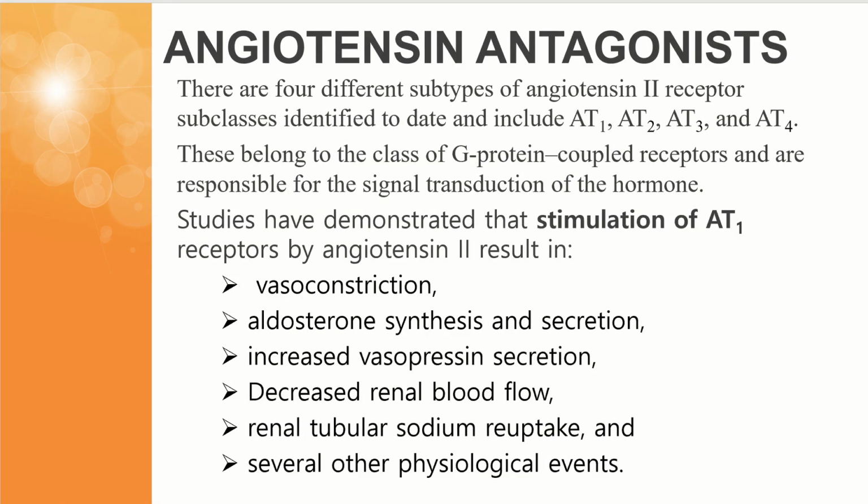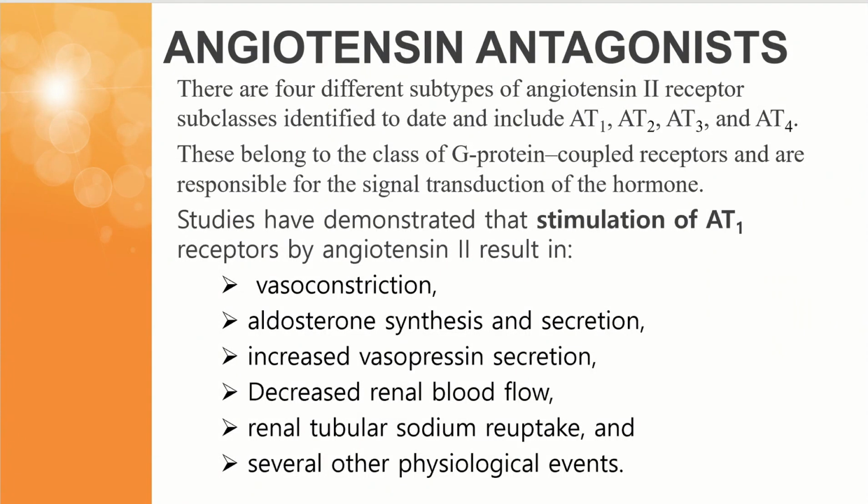All right, so moving on to our angiotensin antagonists. There are 4 different subtypes of angiotensin 2 receptor subclasses identified to date, AT1 to AT4. These belong to the class of G protein coupled receptors and are responsible for the signal transduction of the hormone.